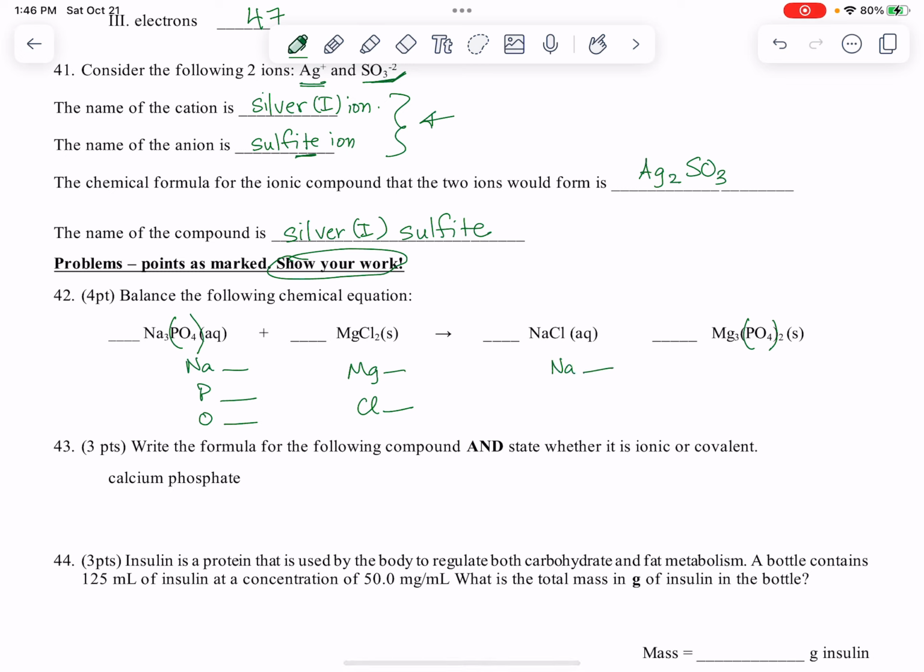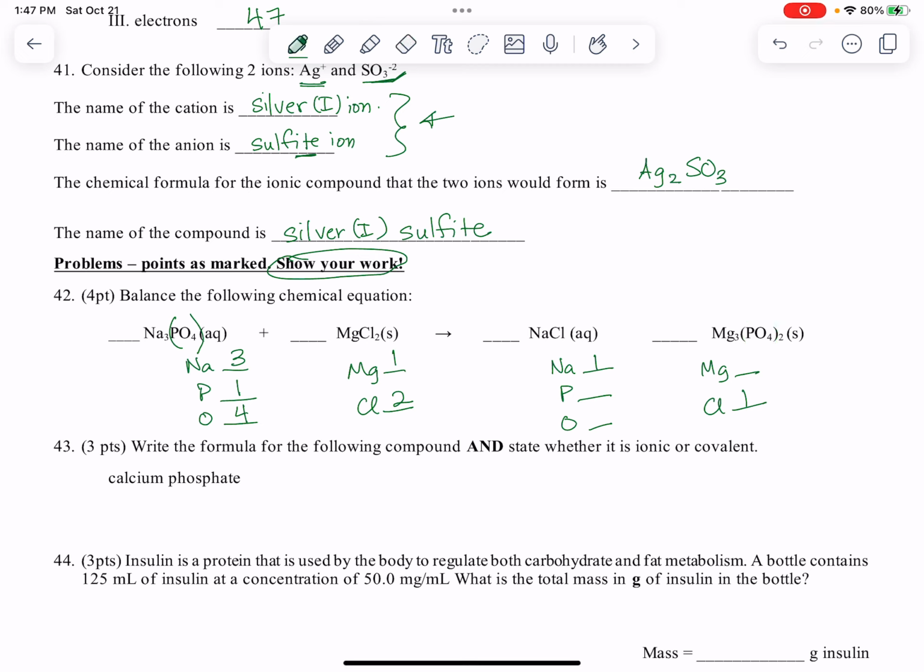And so over here on the right, I can either keep it together or treat it individually. I'm going to go ahead and treat it individually. So I've got 3 sodiums. I've only got 1 phosphate, 4 oxygens, 1 magnesium, 2 chlorines. On the right, I've got 1 sodium and 1 chlorine. I went ahead and wrote them in the same order as on the left to help me understand them.